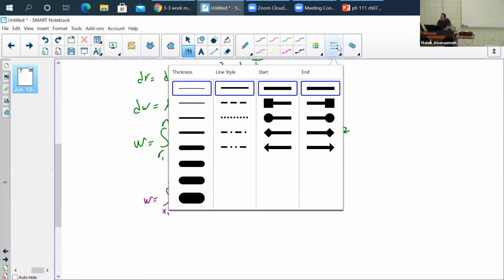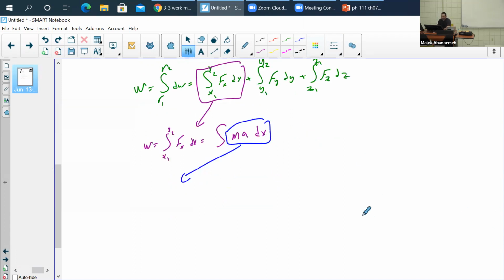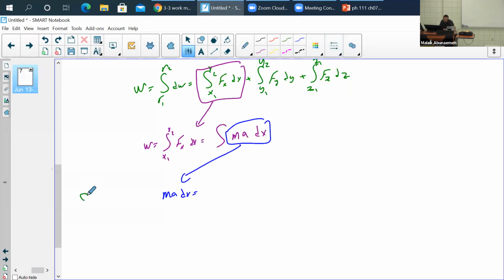Well, if we take this term over here, there's going to be m a dx, which is going to equal to, now your acceleration, remember we talked about the acceleration before, which is your velocity over your time. So we can go ahead and pursue that.